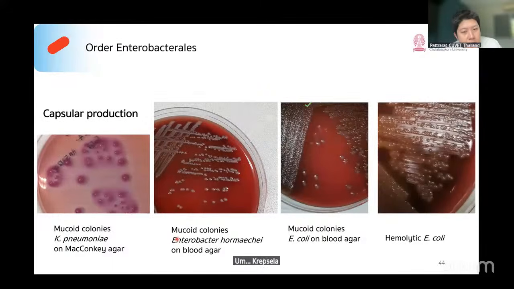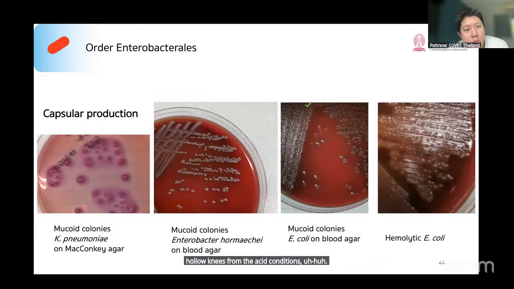Klebsiella, Enterobacter, and E. coli are coliform bacteria. This is the indicator for hygiene, right? And they can grow on MacConkey agar and utilize lactose and produce acid, with pink colonies from the acid conditions.